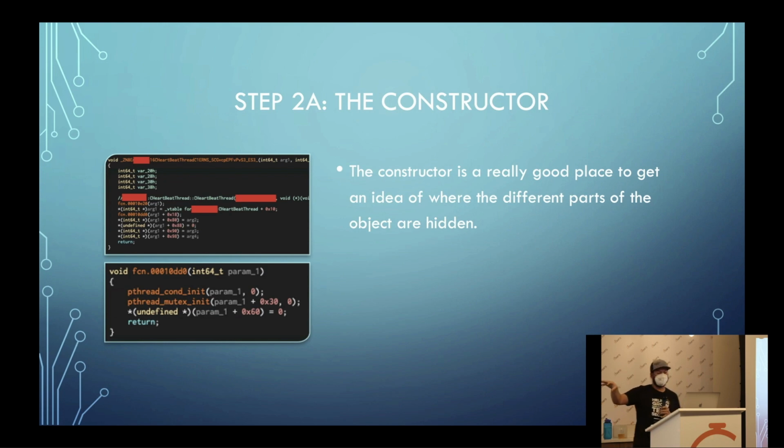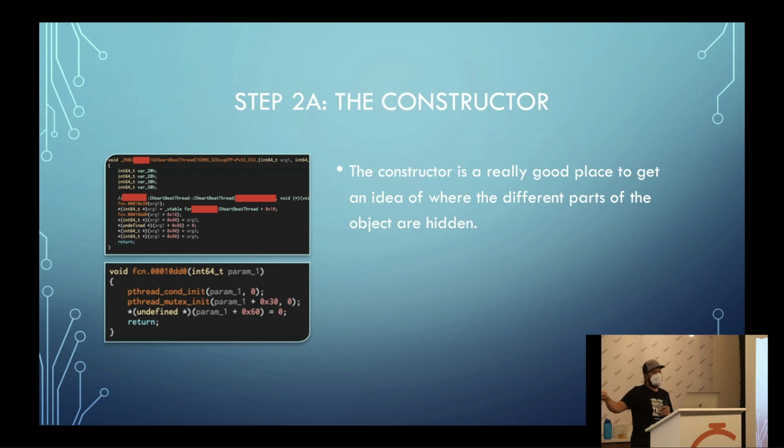The next part is a function that takes that base address of the object and some offset. And that's kind of interesting because that means it's being passed something that's within the object. So I tunneled into that and I was like, what is it? And that one you can actually read. It's calling clib libraries. It's initializing a condition variable and initializing a mutex.